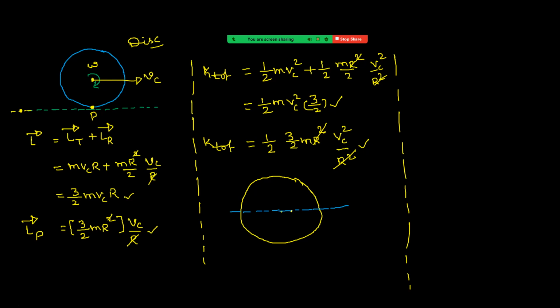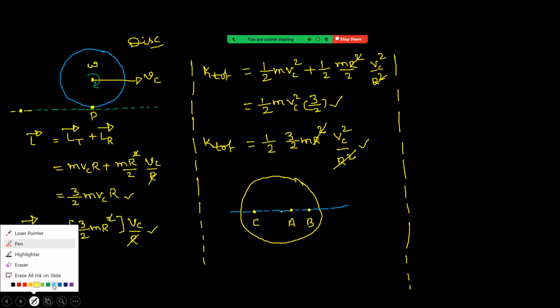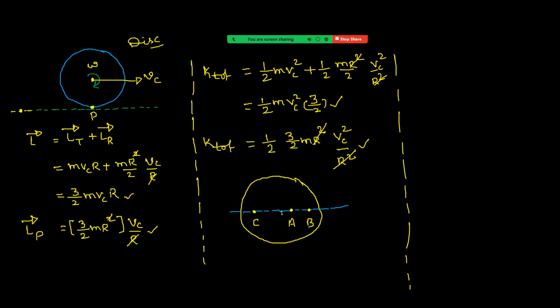I'm taking one point here, let us call it A. And this is one more point, take it as B. This is one more point, take it as C. Now you can see velocities for those points. Let us take omega as anti-clockwise. Assume this is in pure rotation. So I have taken a disk which is in pure rotation about its own axis.